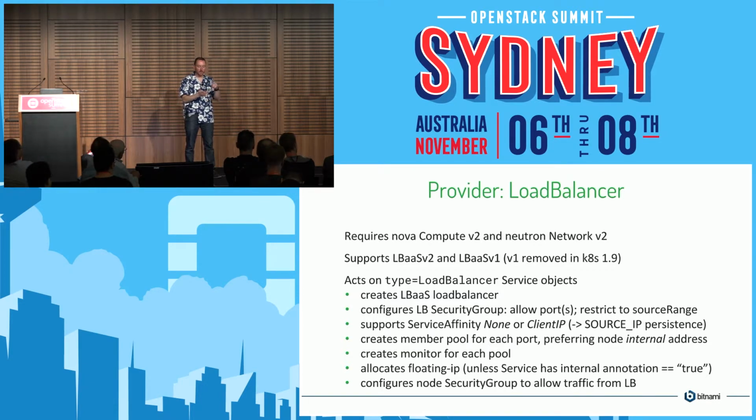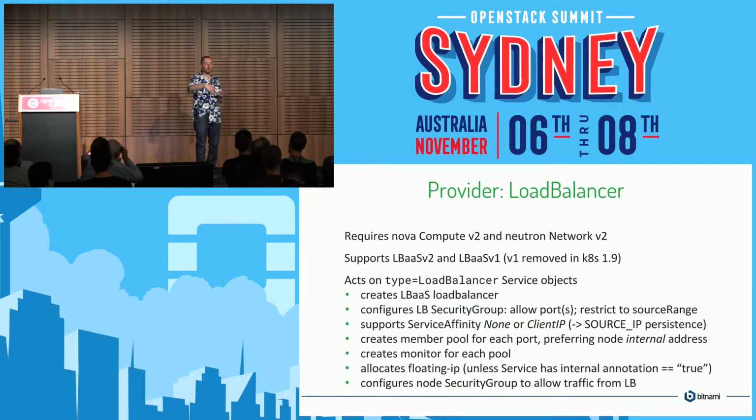So we create the load balancer, we do security groups, both on the load balancer itself and on the nodes. So there's a load balancer to node security group, and there's a public to load balancer security group. We support the client IP service affinity feature, but not other variations. We set up the member pool. We put all the backends into there. Remember the discussion about node ports?